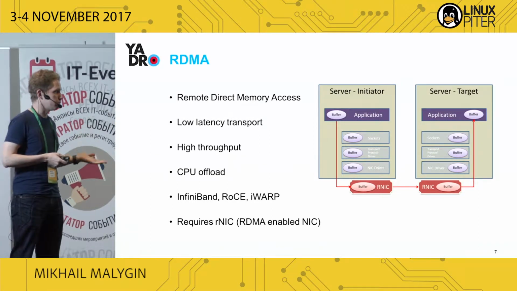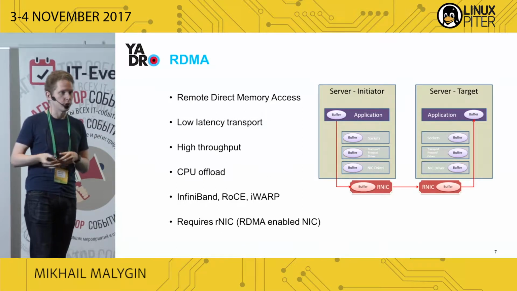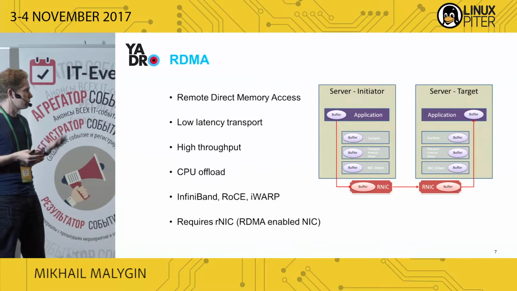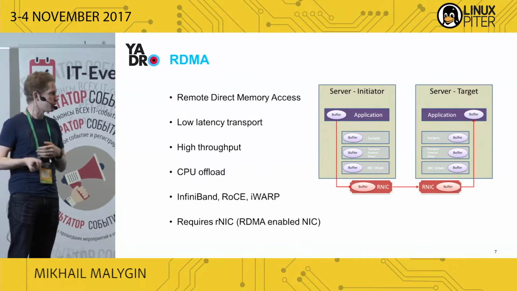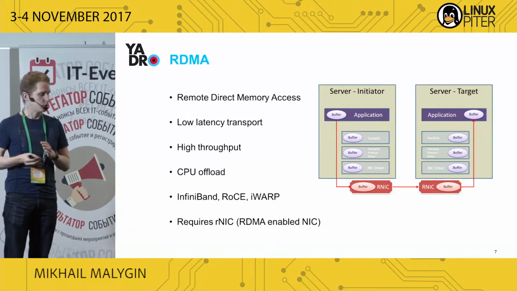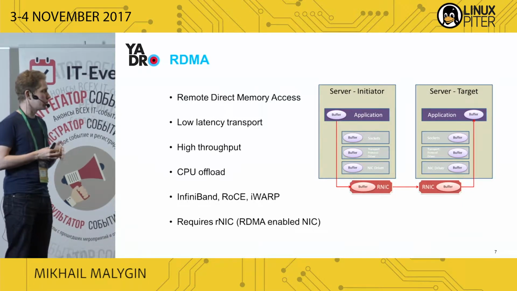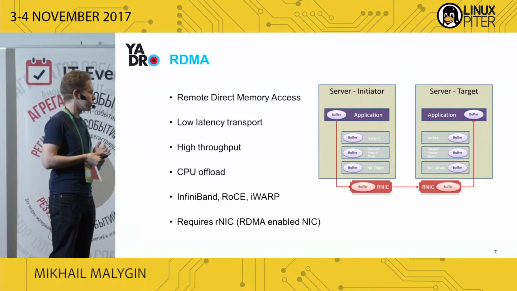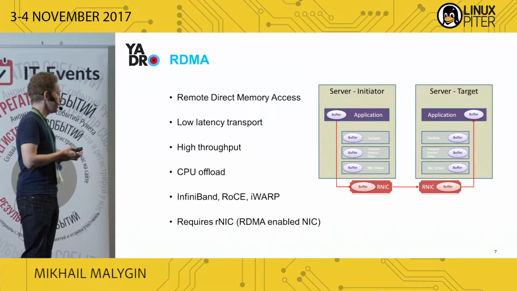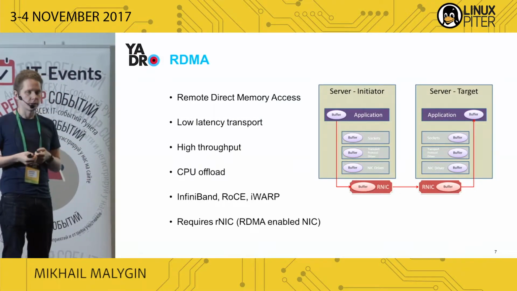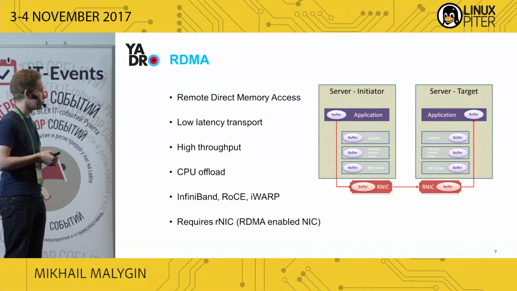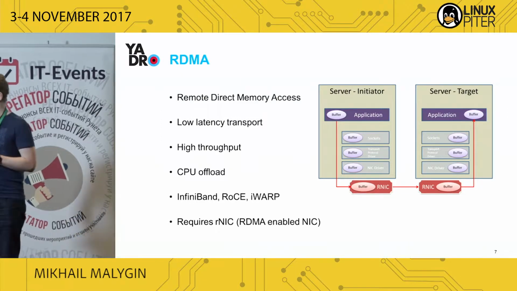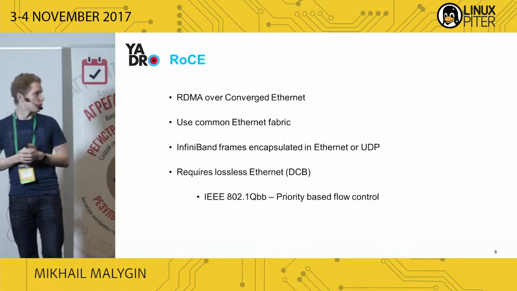This is a mechanism of direct remote access to memory, which allows reading the memory without involving the host. So it's quite efficient. There are a couple of variants of this technology. You can see them on the slide, and special hardware is required to support all these features.